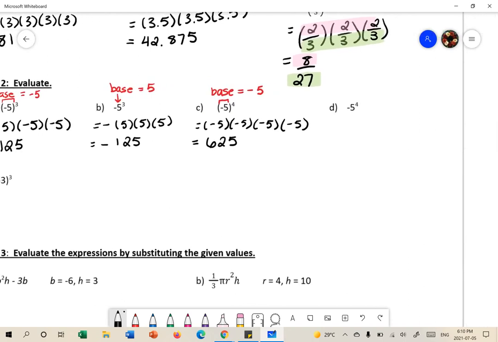And finally, the base here is just 5. So this is equal to -5 times itself 4 times, which is equal to -5 to the power of 4, 625.